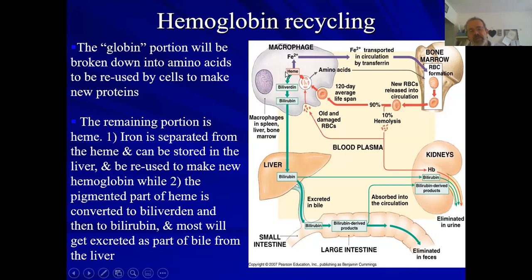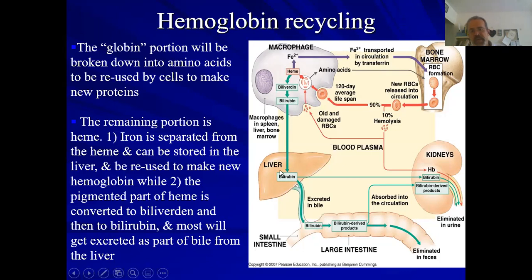Next, we have the heme. Now the heme, there's the heme molecule, and then we got the iron. The iron is also recycled by way of a blood protein called transferrin, which shuttles it also back to the bone marrow where it's recycled. That leaves the heme without the iron. And it's the heme that's first degraded into a molecule called biliverdin, ultimately into bilirubin, which ultimately has a couple different fates.